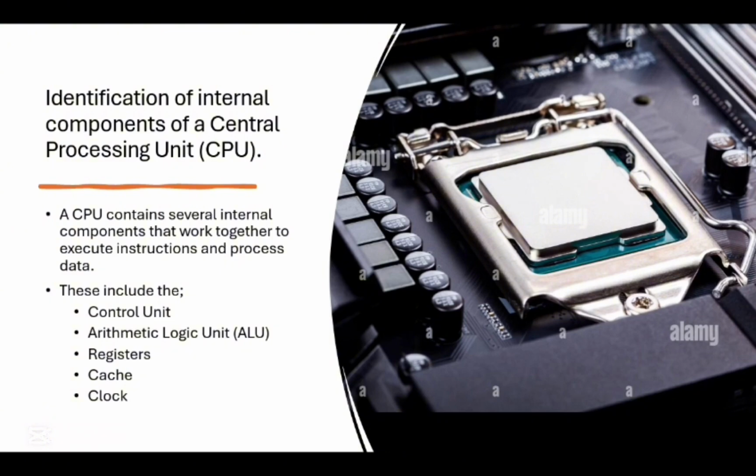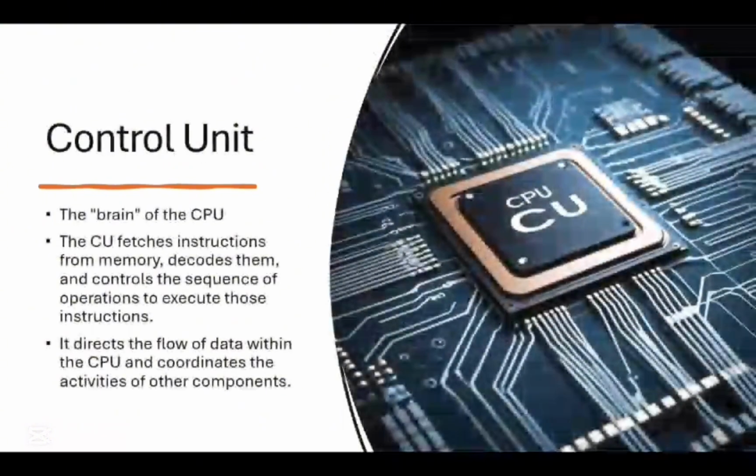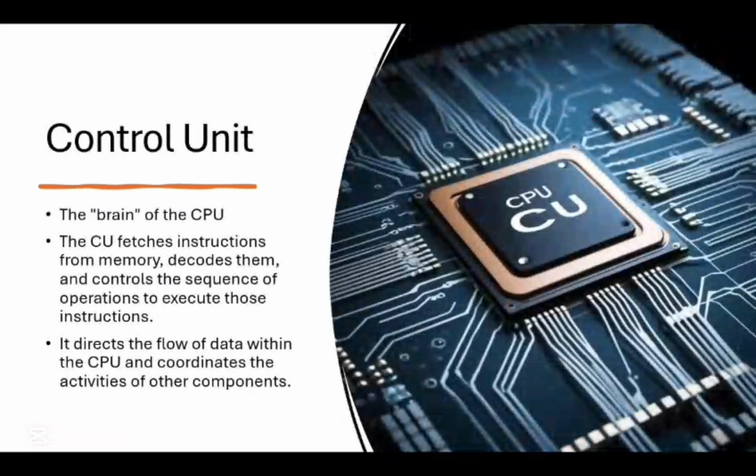Let's begin with the first component on our list, the control unit. The control unit, or CU, is often called the brain of the CPU. Its job is to fetch instructions from memory, decode them, and control the sequence of operations to execute those instructions.